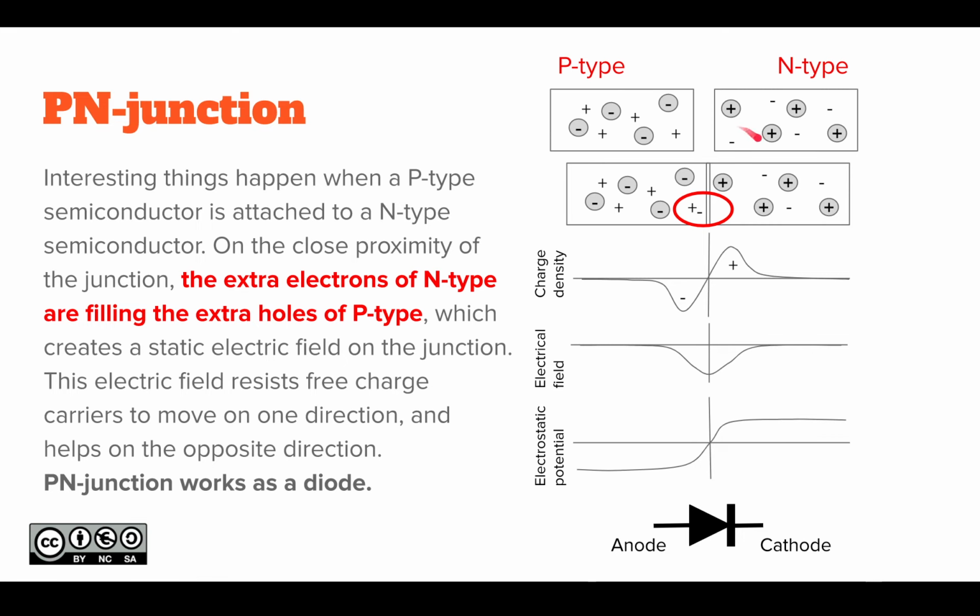Same in n-type. So in here the charge density is 0. But here we are moving negative charges onto the p-type, which means that the charge density inside of that matter is negative on the p-type and positive on the n-type.